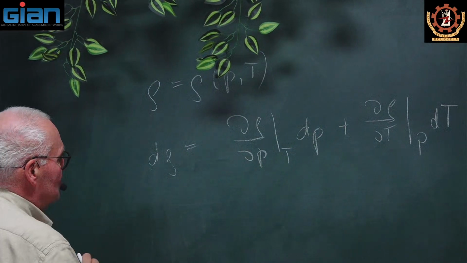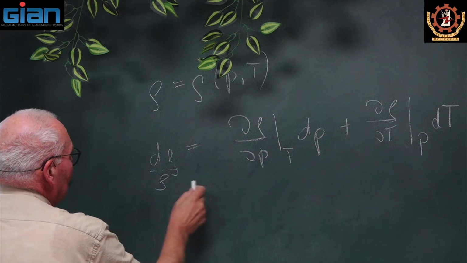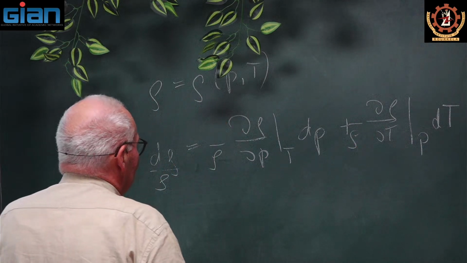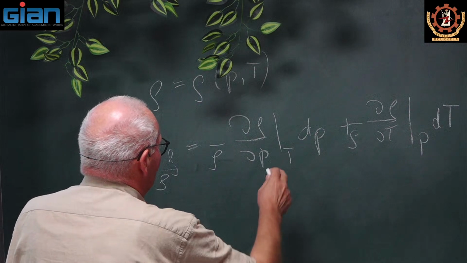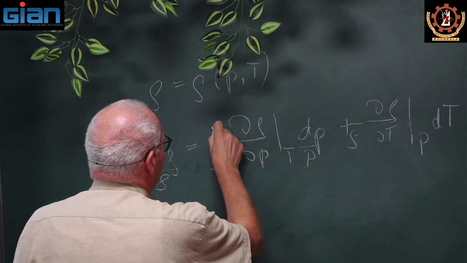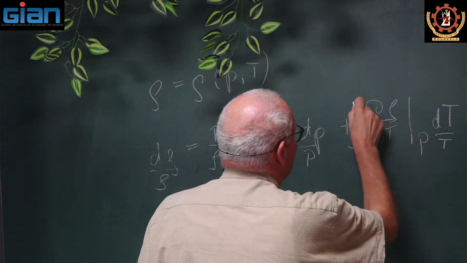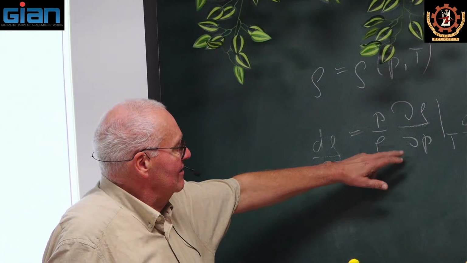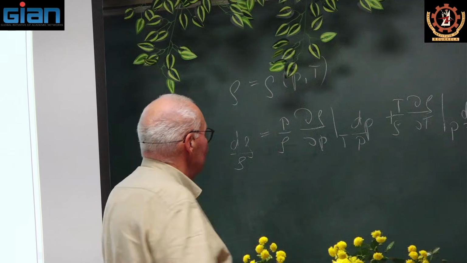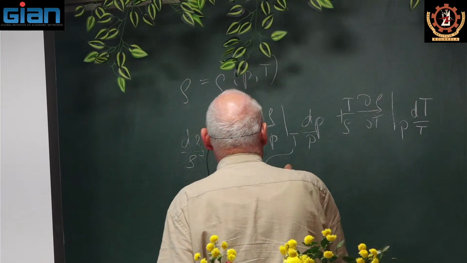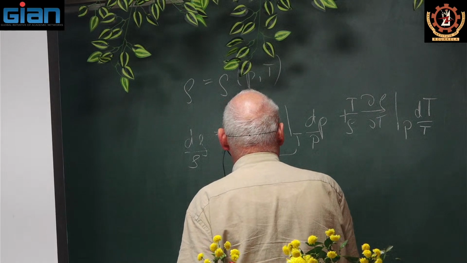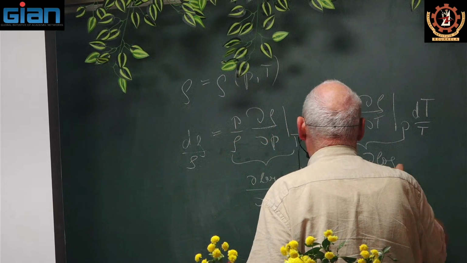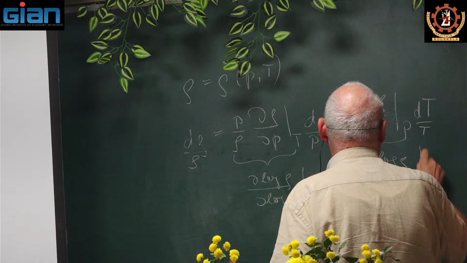Now, how do these coefficients come about? We divide this equation by rho, so we have 1 over rho here, and we rewrite in terms of dP over P. Then we have to write P here, and here we have a dT over T. Okay, we go to the relative changes, and what you have here then is d log rho by d log P at constant temperature, and this here is d log rho by d log T at constant pressure.